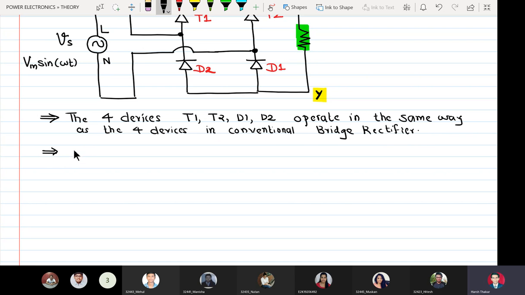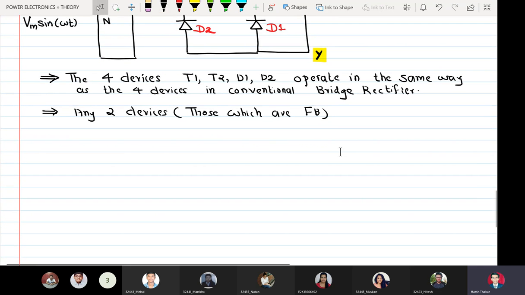Second point, that means any 2 devices, which 2 devices? Those which are forward biased. Any 2 devices, those which are forward biased, conduct in each half cycle.